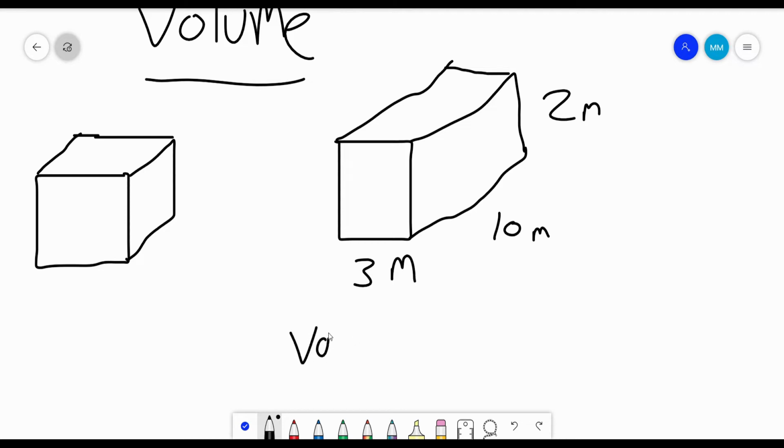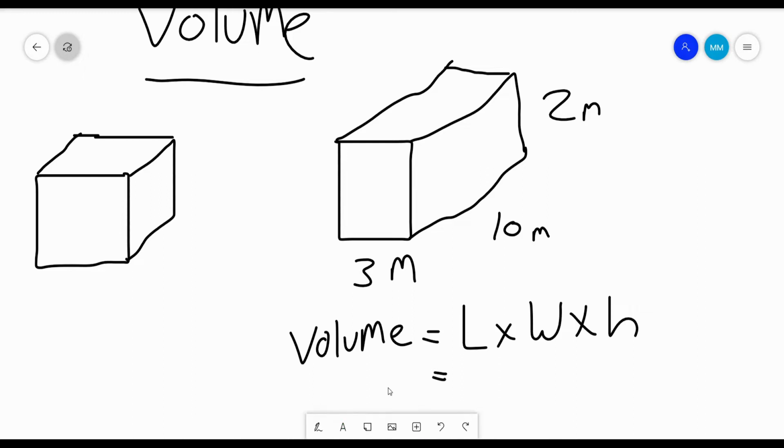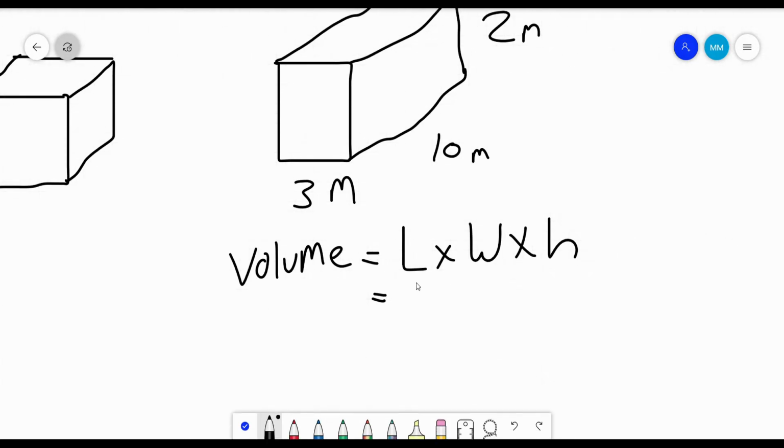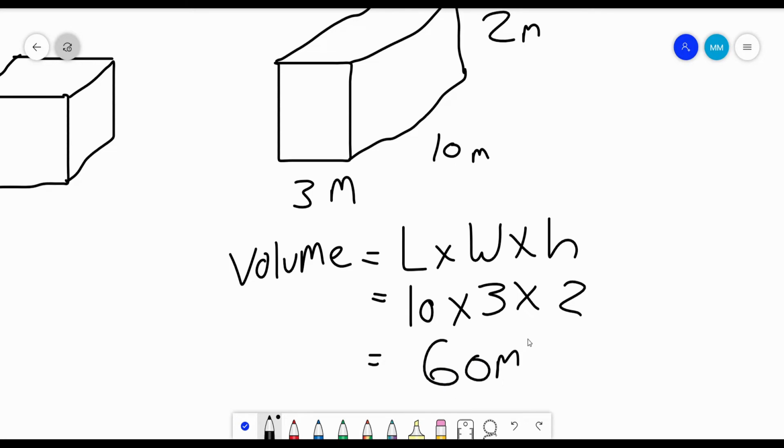So volume, length times width times height, which in this case, what did I have for length? It was 10 times 3 times 2. 10 times 3 is 30, times 2 makes it 60, so your volume is 60 meters, but instead of squared, it's 3, because you've got 3 m's in the picture, so you've got to have a little 3 at the top. There.